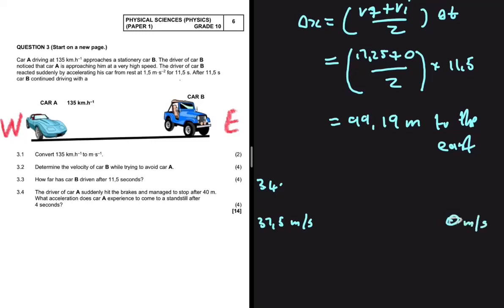But at the same time, during that 4 seconds, the car covers a distance, or has a displacement, of 40 meters. So we have 40 meters here, and this is all happening in 4 seconds. Well, I want to let you know right now that this is actually impossible.